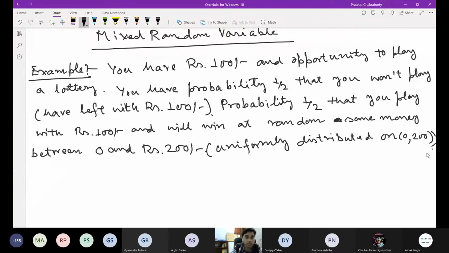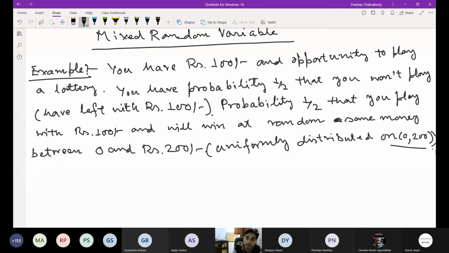Now you tell me, is this random variable discrete, continuous, or neither? It seems like both, mixed. Half of it is totally discontinuous, and the remaining half is continuous. This is not discrete because it is uniformly distributed on 0 to 200. If it were discrete, there would be at most countably infinitely many points you can win.